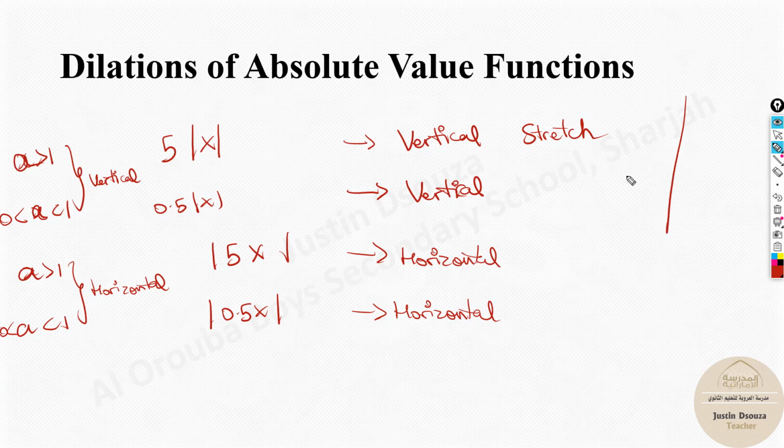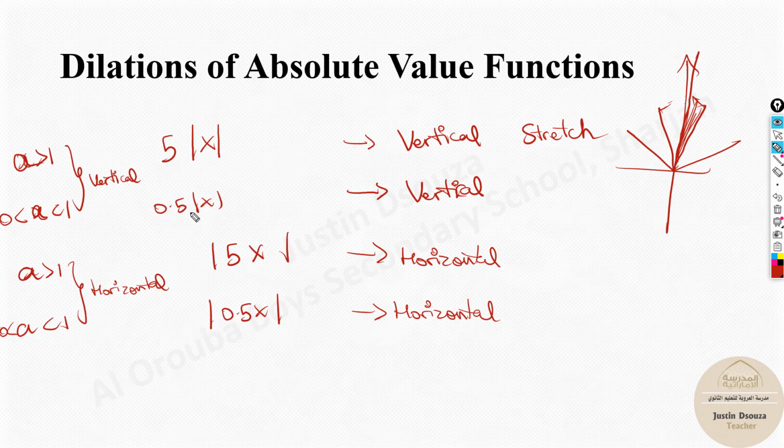Now, what happens is, if you have bigger than 1, if this is the parent function, your transform function, because it's phi, it'll go upwards, closer to the vertical axis. So it is becoming stretched. You're stretching it vertically. It's going closer to this axis. As you increase the slope, as the number increases, it goes closer to this line, okay? Closer and closer. So that is why it is called stretch.